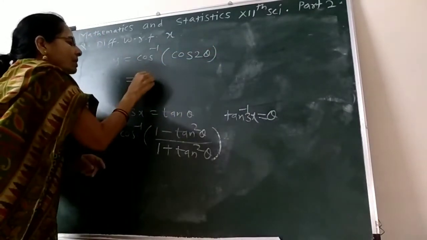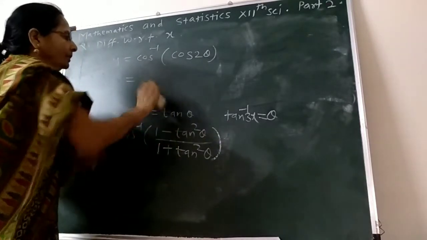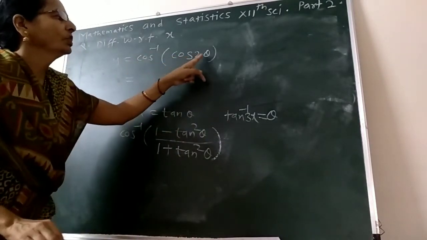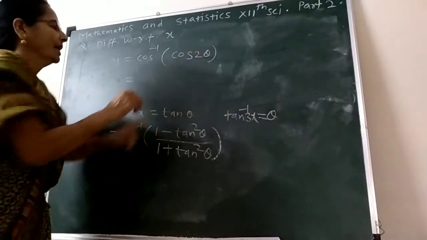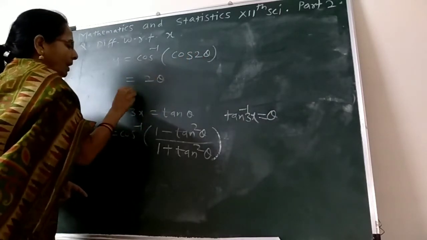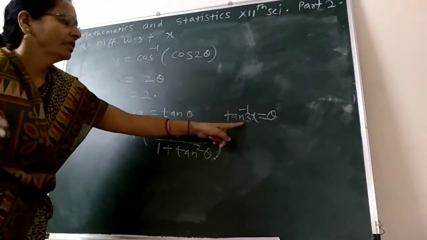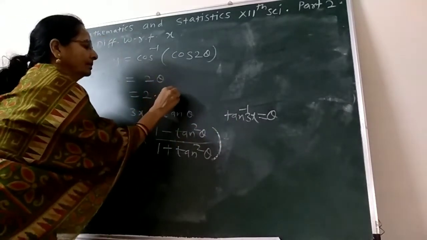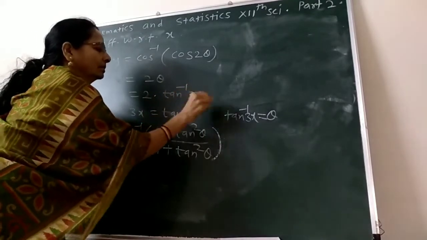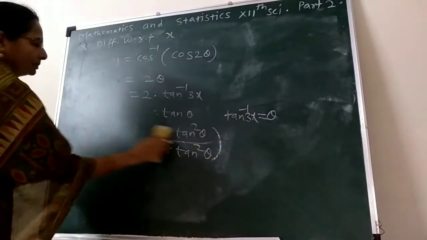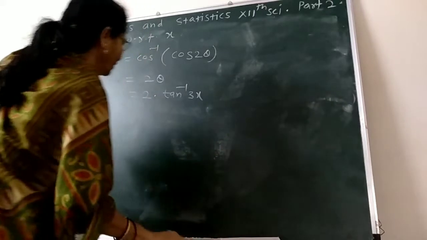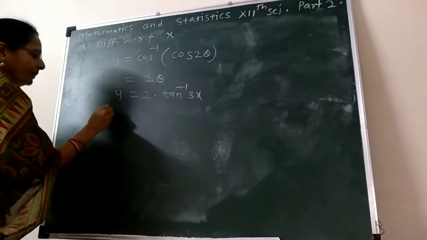Cos inverse cos 2 theta is equal to 2 theta, is equal to 2 times theta, where theta is tan inverse 3x. This is the value of y.